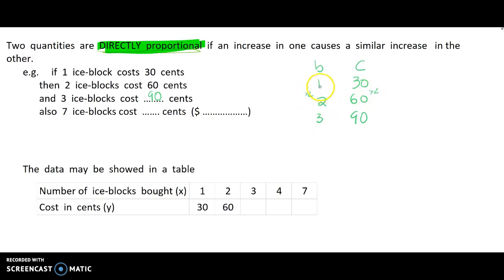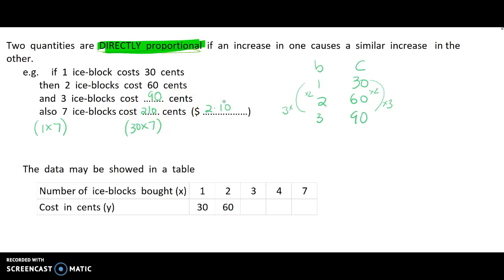And then 3, so 30 times 3 is 90. If you get to 7 ice blocks, that's 1 times 7, so the price would be 30 times 7, which is 210 cents or $2.10.